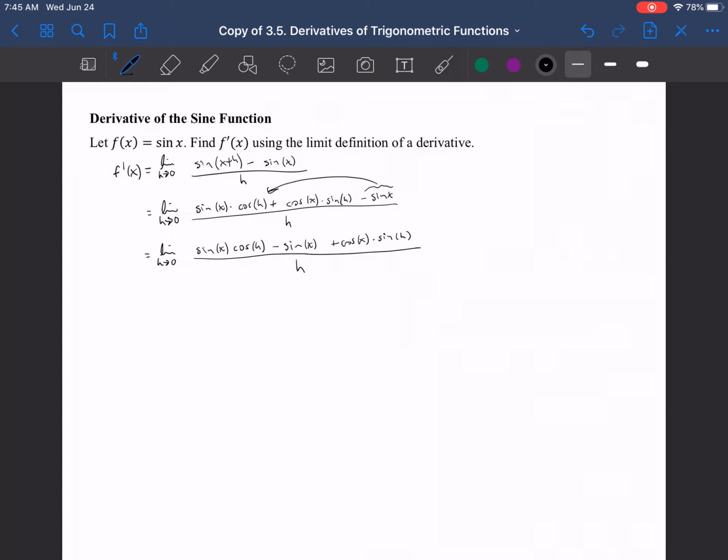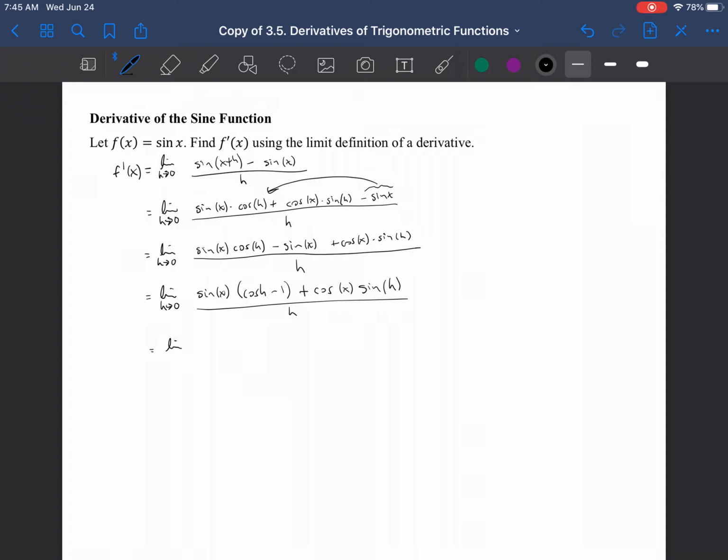And so here in the first part, we have a sine of x that we can factor out. So limit as h goes to 0, sine of x times cosine of h minus 1, and then plus our cosine of x sine of h, still all over h. And then what we can do is break this into two limits.